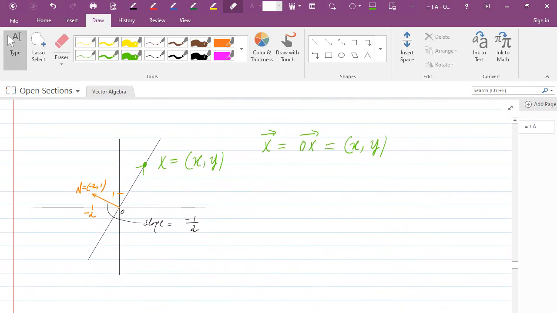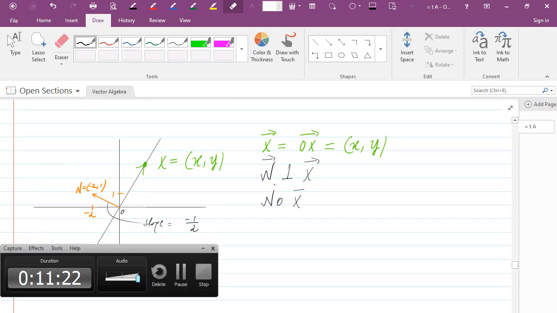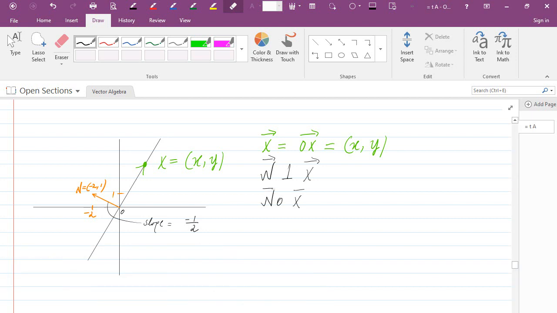So because n is perpendicular to the line, n must be perpendicular to X. As a result, n dot product with X would be 0.